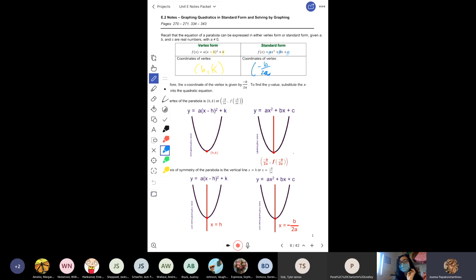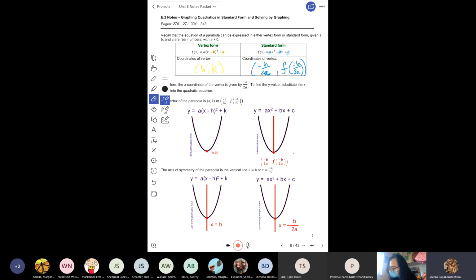Once I have taken those values, negative b over 2a, and found that x, I'm going to substitute it back into the equation. And when I substitute it back into the equation, I'm going to get the function evaluated at that input. So remember, function notation, f of x, f of an input.